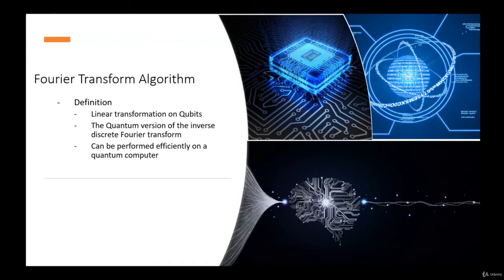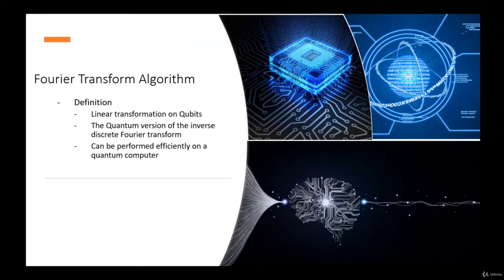This type of quantum algorithm is part of plenty of different algorithms, such as Simon's algorithm or the Shor algorithm, which is one of the most popular. It can be performed efficiently on a quantum computer.